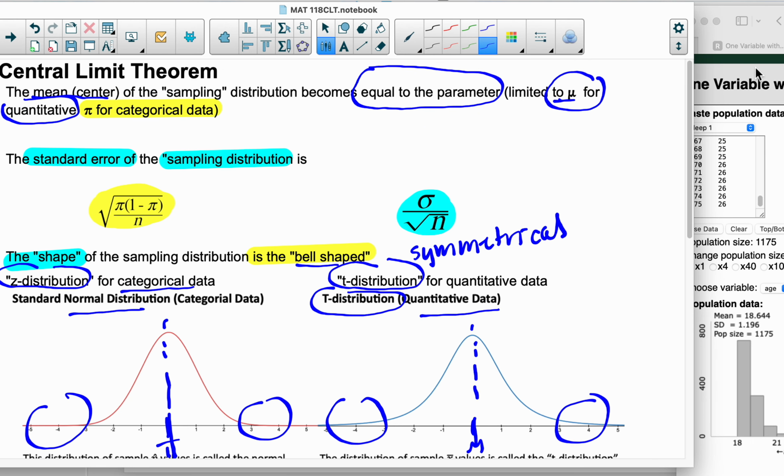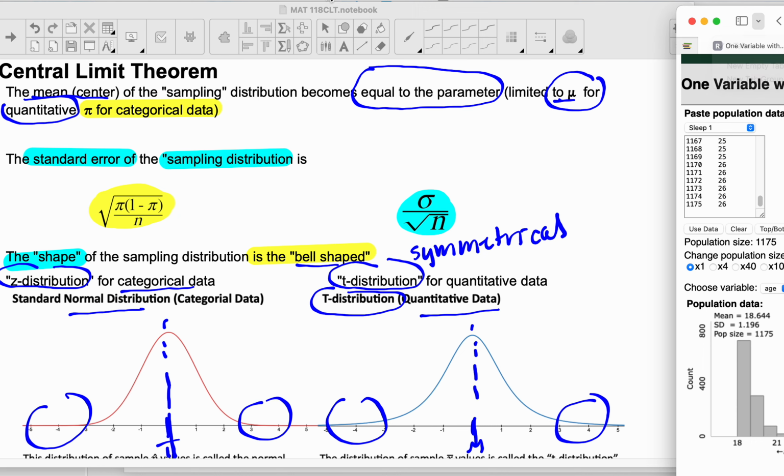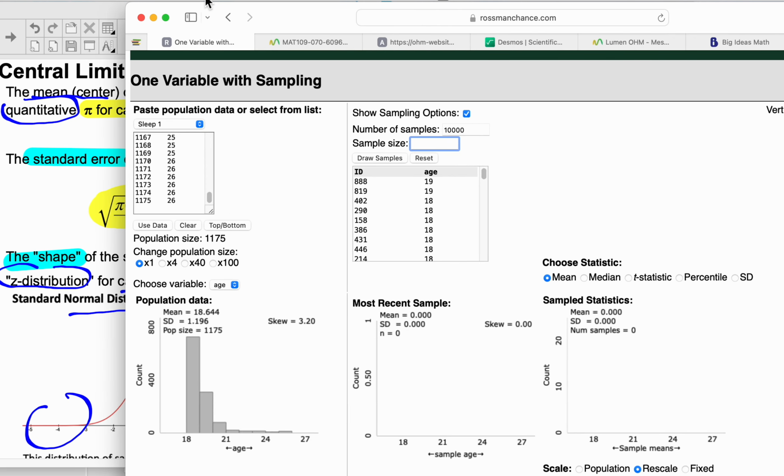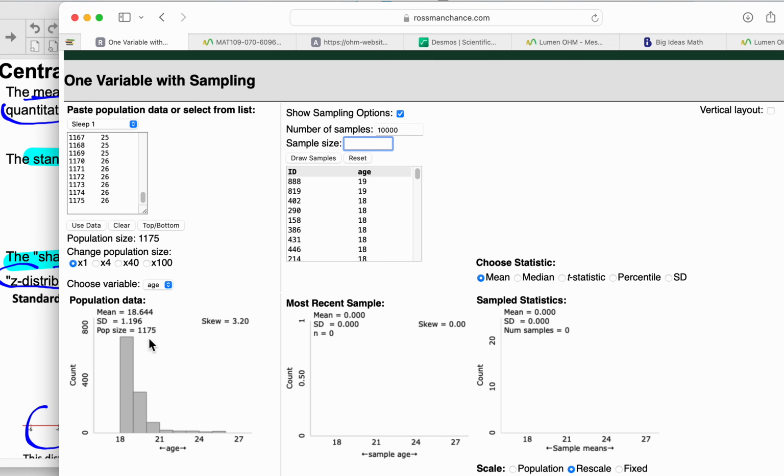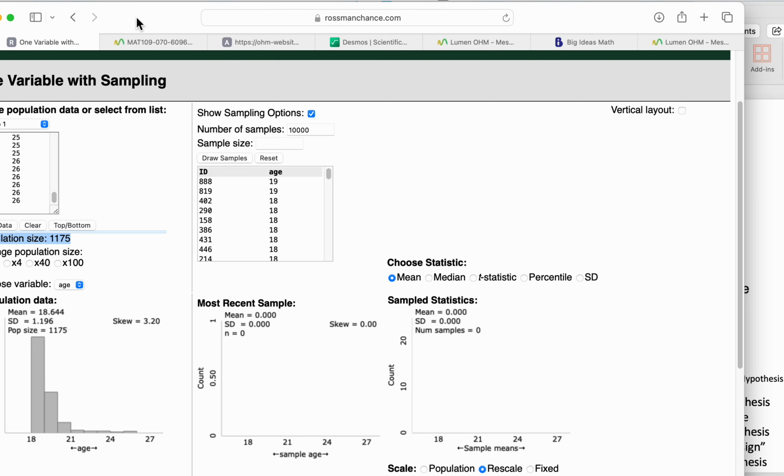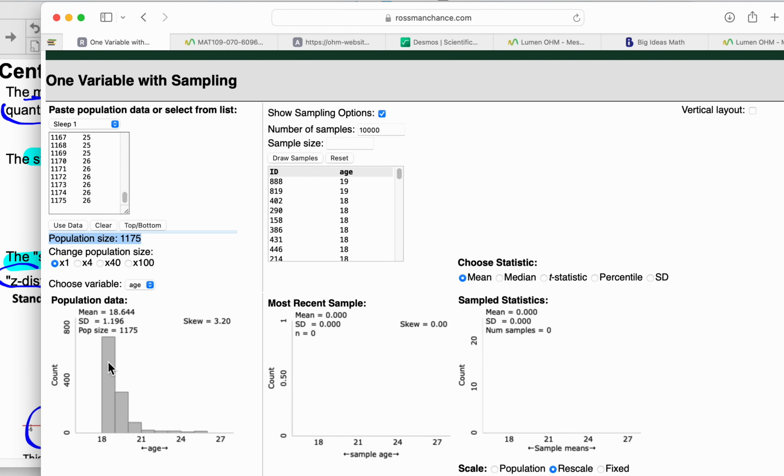So let's talk about how we generated this. Here's a data set from our written homework where we had the mean age of 1,175 students. This was one of the written homework problems. And this is our population here. I can see that the mean of this population is 16.44. So if I take a sample of these 1,175 students, let's take a sample size of 5.